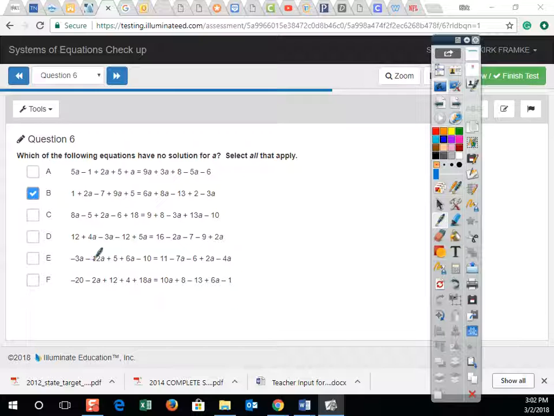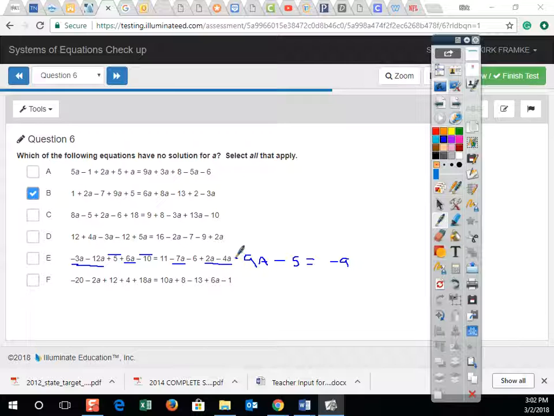So let's look at this one. We have -3a minus 12a, so that is -15a. -15a plus 6a is 9a. Plus 5 minus 10 is -5, is equal to -7 plus 2 is -5. -5 minus 4 is -9.